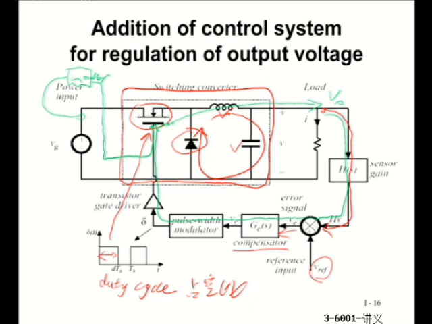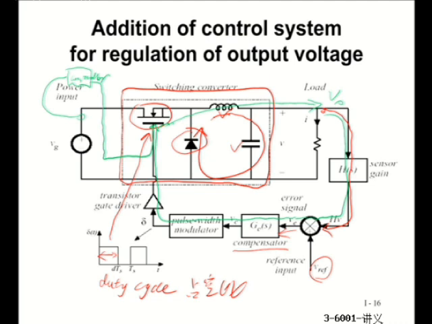Okay, when VG is smaller, I adjust the control signal of the MOSFET so that the MOSFET is going to maintain an on state for longer time. Therefore, I get an output voltage like this. Let's say this is only 90 volts. Input voltage VG is getting smaller, only 90 volts.